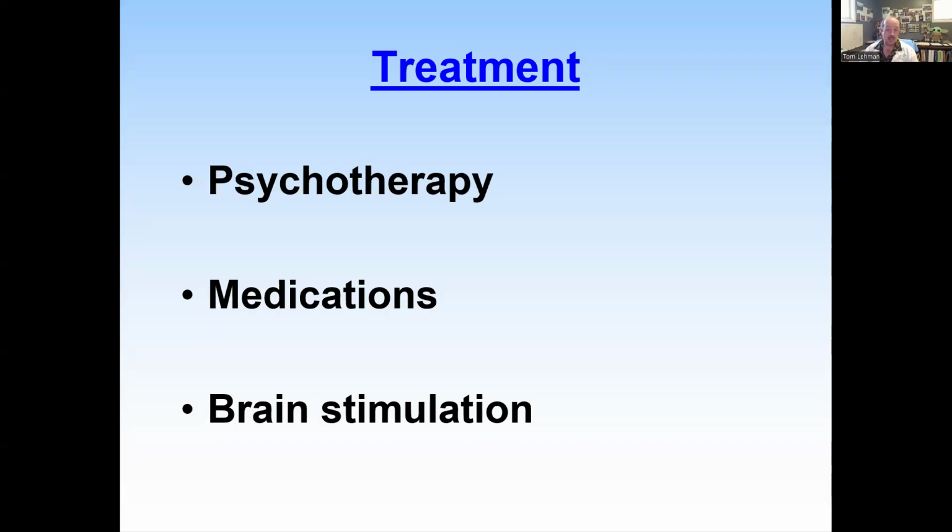They may have a lack of certain transmitters like dopamine, or they may have too much of certain transmitters, and that can cause a change in their thought process. And so we can prescribe medications to either enhance a deficit, to compensate for a deficit, or to reduce an overproduction.